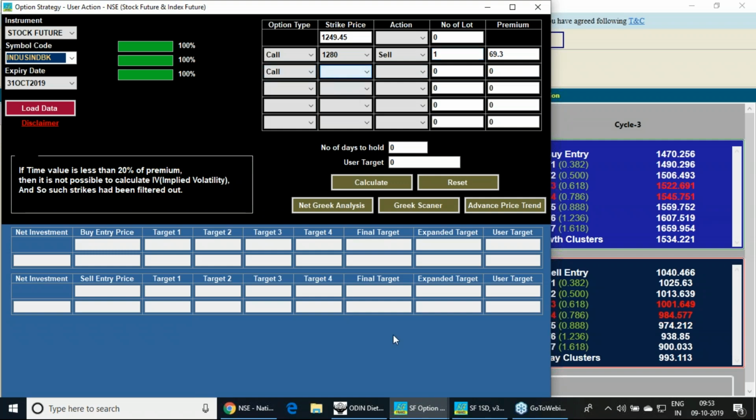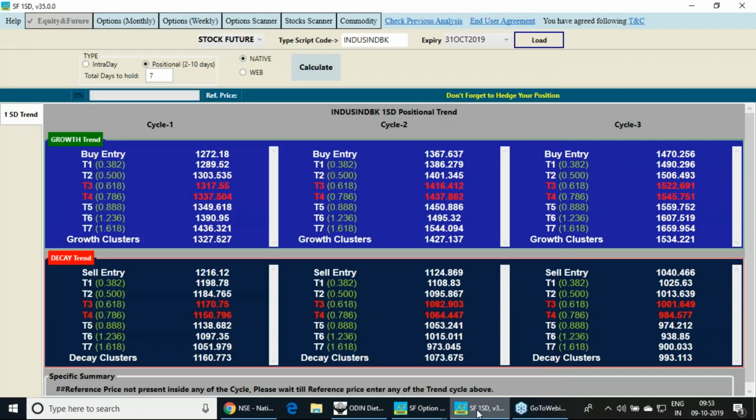So 1280 once you are going, have a look at the trend parameter. 1272 above your uptrend, and this can give you the 1280. So 1280, and you can go for 1370, 1337. These are the values coming. You can go for the 1280 level.